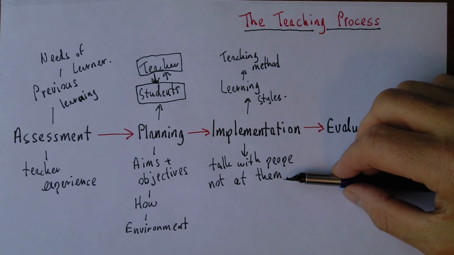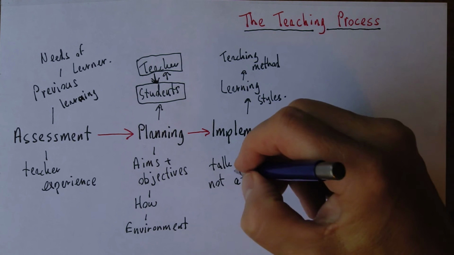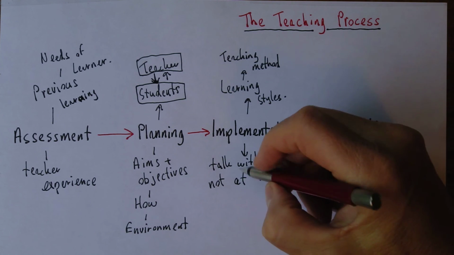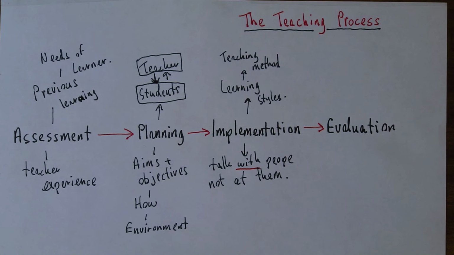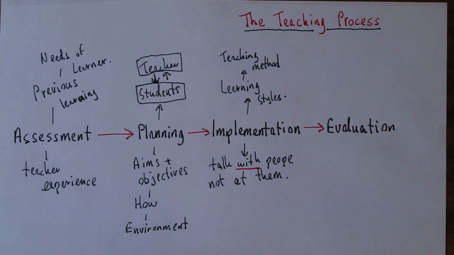As long as you don't intimidate the students, that's fine. But you need to work out some way that you're going to interact with them, so you're talking with them. And this means that you are going to modify and adapt what you say as you go along, depending on this ongoing feedback that you get from the students.